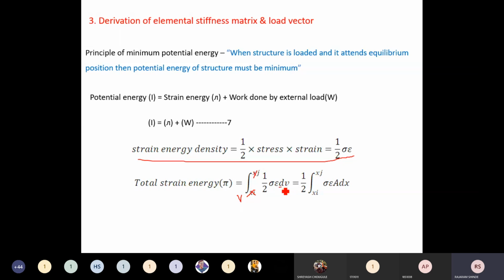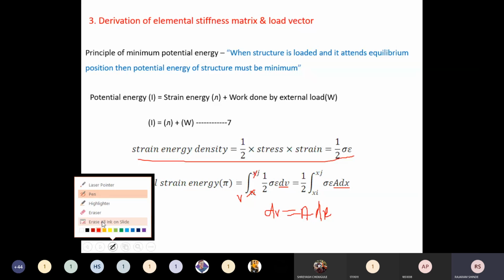Therefore, the integration over the volume, I can replace by the integration over the area into dx. That means dV I can replace by A into dx, because my area is constant.